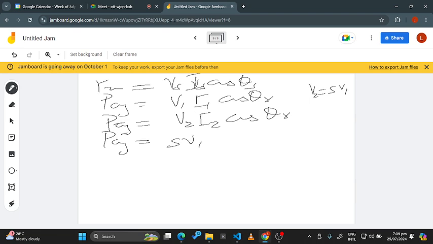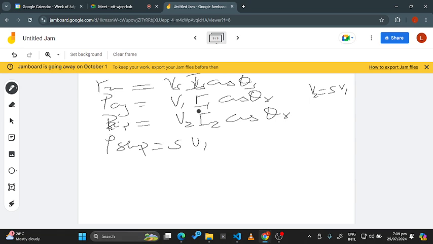So this is the P slip. If that is P slip, in place of V2 we substitute S V1, right?